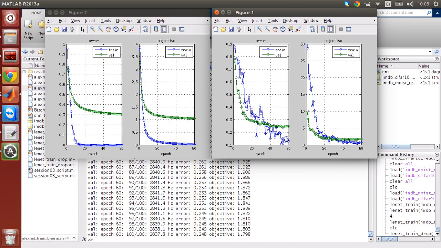Okay, and this is what we achieve at epoch 60. So I think it's quite a nice improvement. We moved to almost 25% of error. So we jumped from 30 to 25 thanks to dropout. So it's just 5 points.